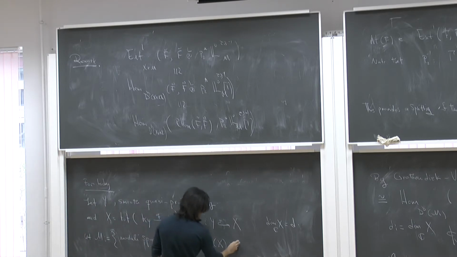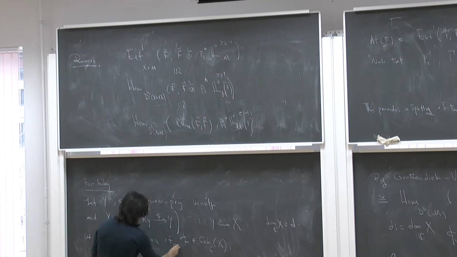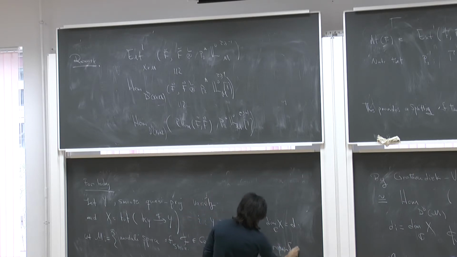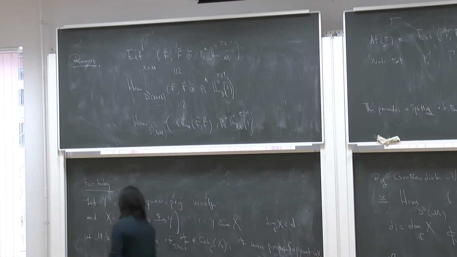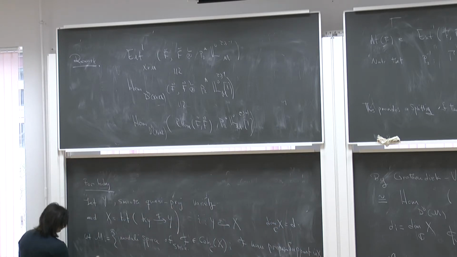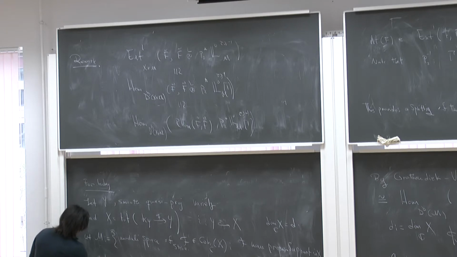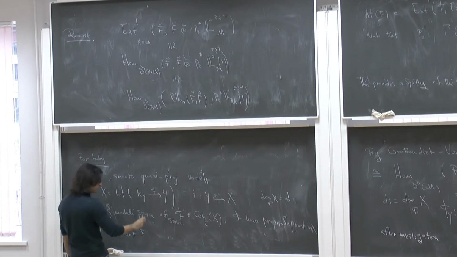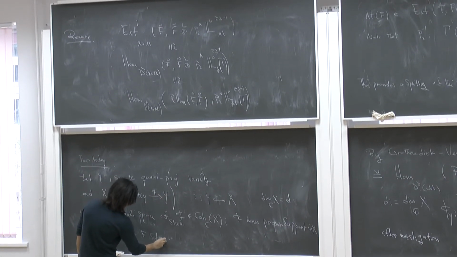It means that F has proper support in X, and we assume that F is scheme-theoretically supported on Y.